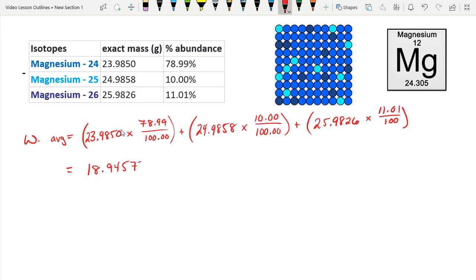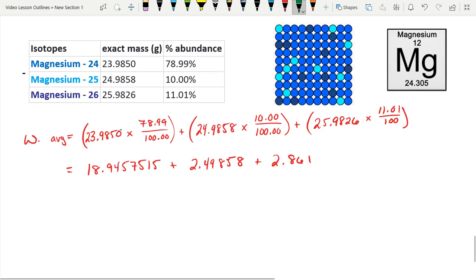And without any rounding at all, as a raw number, I would get 18.9457515. For the second set, taking 24.9858 times 10 out of 100 without any rounding gives me 2.49858. And then for the last component, we would get 2.861.